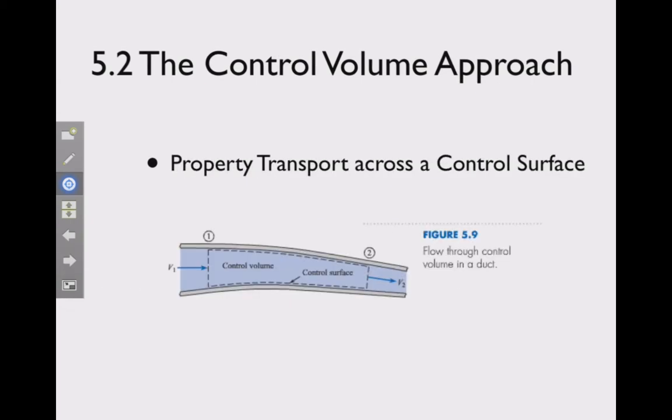So here is a look at a nozzle that's starting out with a larger diameter, necking down to a smaller diameter. We've got the velocity of flow coming in one end, and we have velocity going out the other. We have chosen this dashed line to be our control surface, and inside that control surface is our control volume.